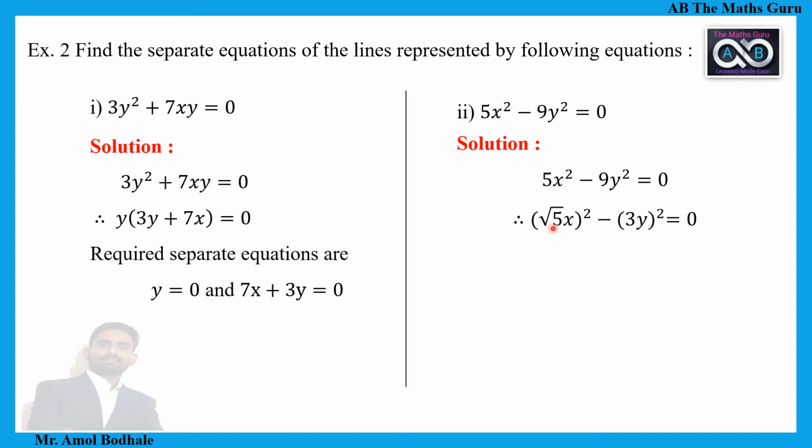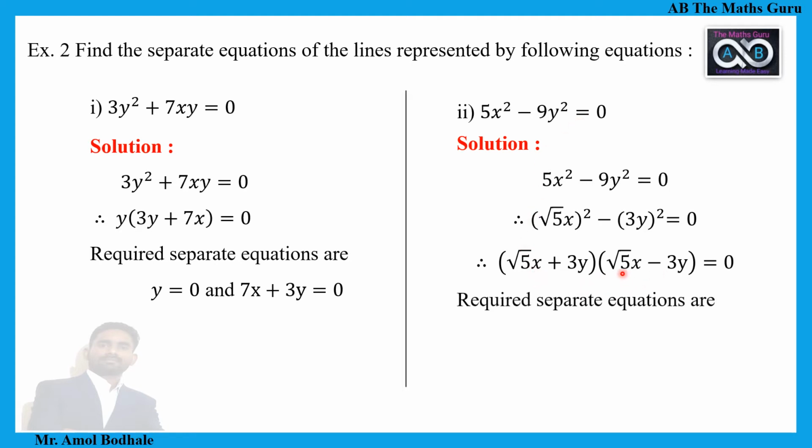So we can write this expression as (root 5x plus 3y) into (root 5x minus 3y). The given expression is expressed as a product of two terms, so we get the separate equations. Therefore, the required separate equations are root 5x plus 3y equal to 0 and root 5x minus 3y equal to 0.